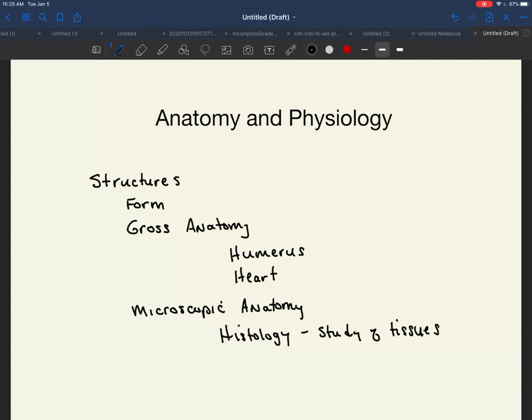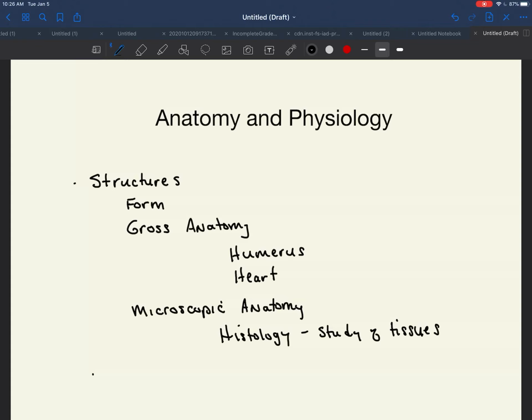So for example, the flow of blood through your heart is kind of what dictates the structure of the heart, right? So the valves, for example, the chambers that are muscular versus the ones that are not so muscular. And so in physiology and in anatomy, it's oftentimes great to study them together.